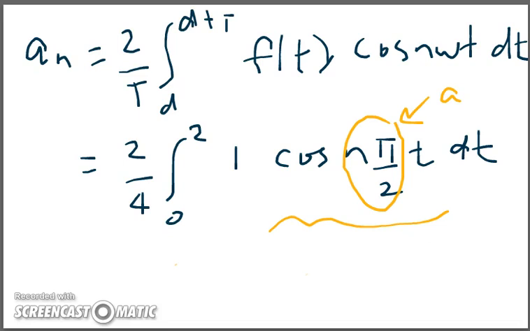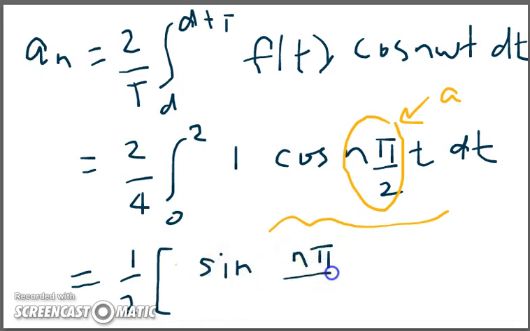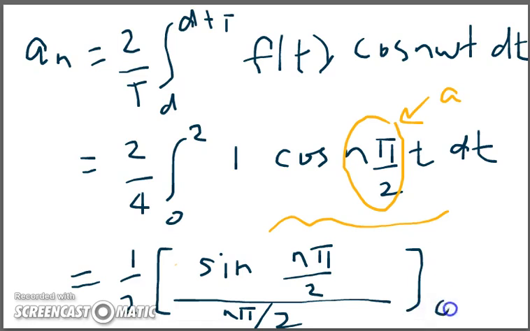So now I have 1 over 2 times sine of n pi over 2 t, divided by n pi over 2, from 0 to 2. This is what we have now.